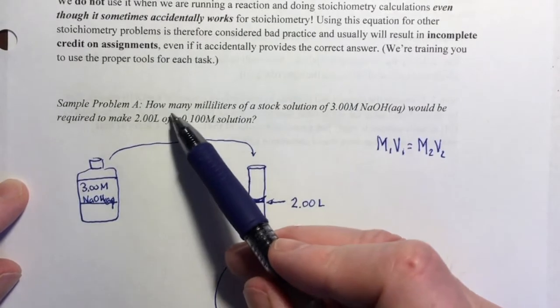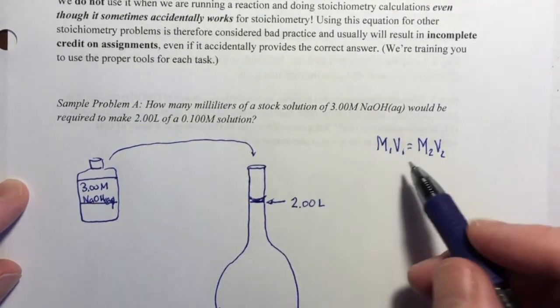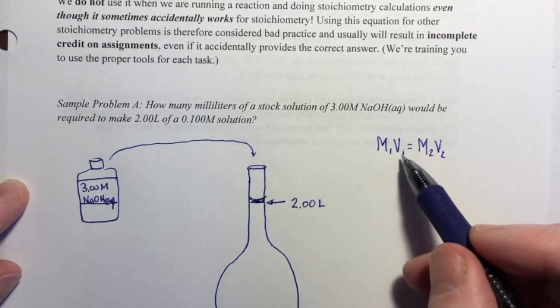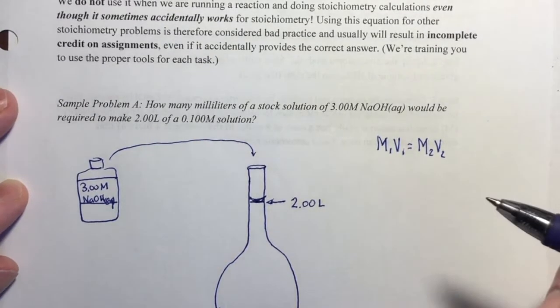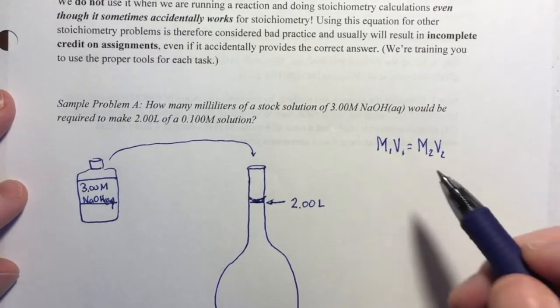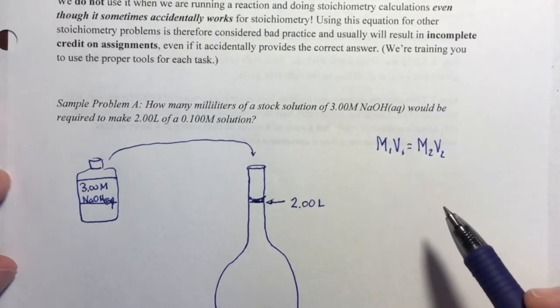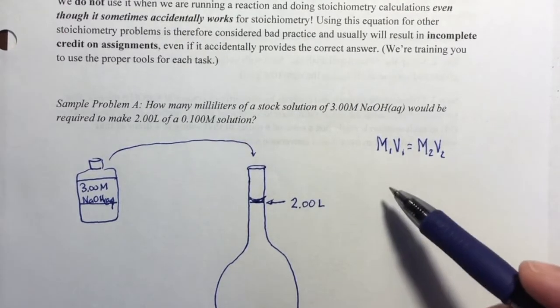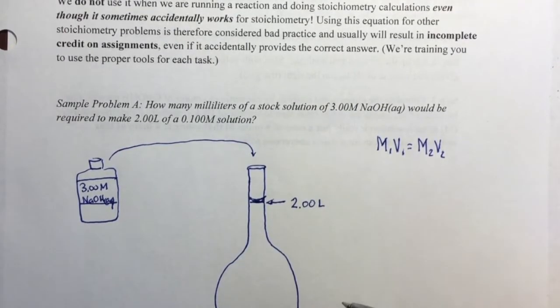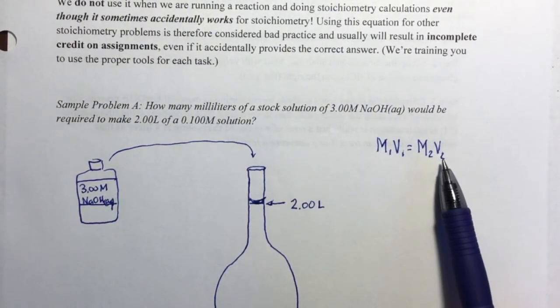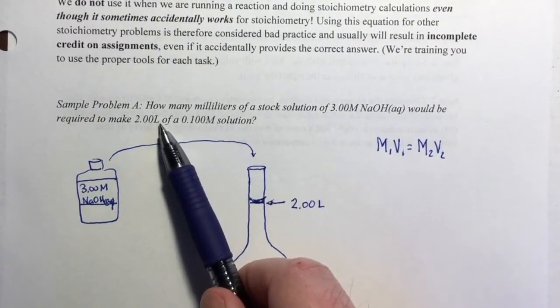So it looks like they're asking me how many milliliters of that initial solution am I going to use. So they're asking me for V1. I'm going to rearrange for V1, and then solve for V1. I'm going to ask you to pause the video and do that math, but beware, V2 is given in liters.